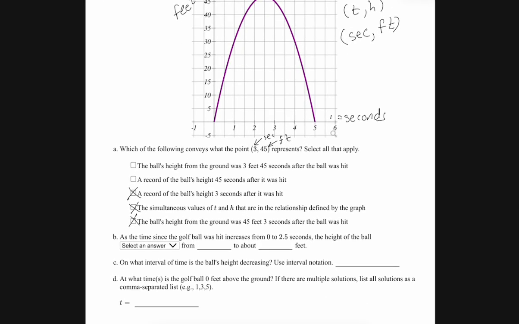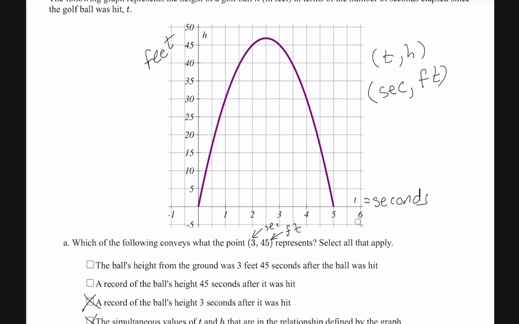As the time since the golf ball has hit increases from 0 to 2.5 seconds, the height of the ball does what? Okay, so all you're going to do here is visualize from 0 to 2.5 seconds. Is our height going uphill or downhill? It's going uphill.